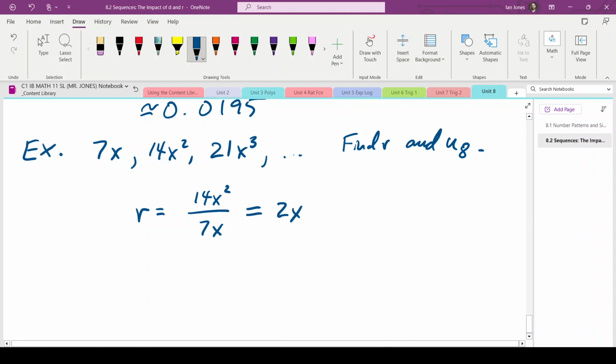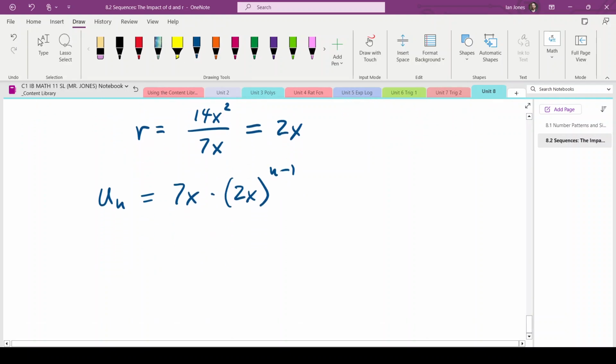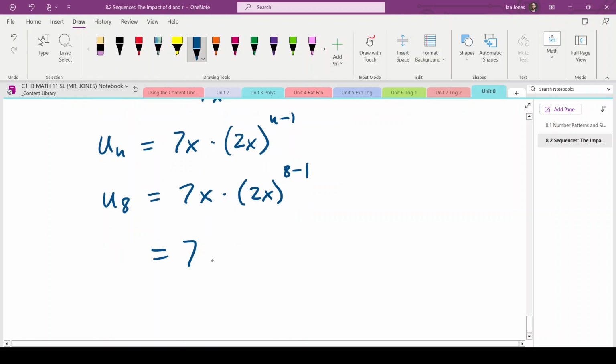Okay, so is 14x squared times 2x 21x cubed? Yeah, it is. Okay, so I've got the common ratio. That's fine, 2x. And now let's get the general form. So I get the first one, 7x, times my common ratio. That's 2x to the exponent n minus 1. And so to get u8, which is what is asked for, I get 7x times 2x to the 8 minus 1. That simplifies to 7x times 2x to the 7.